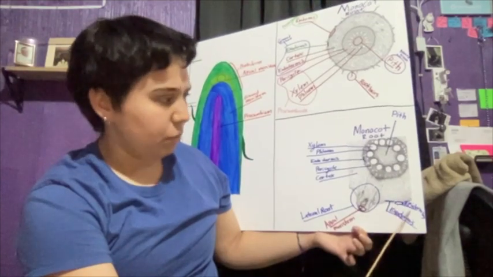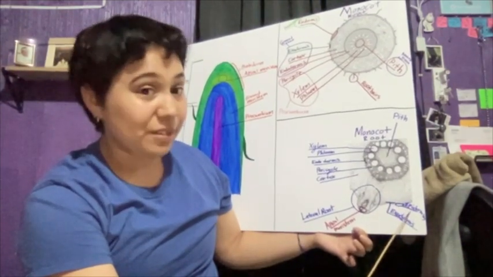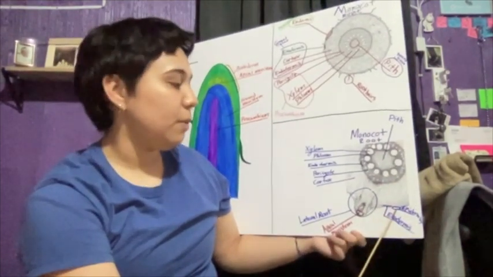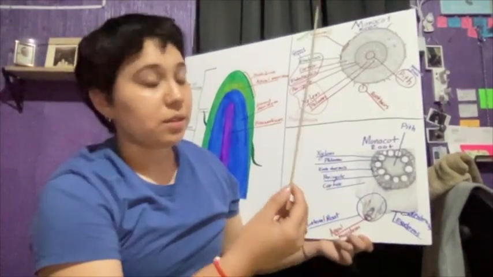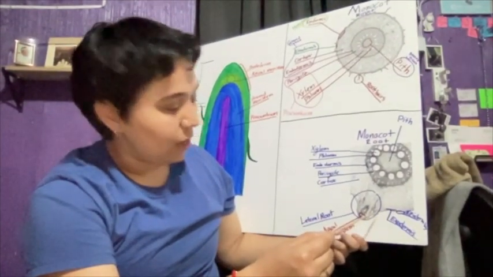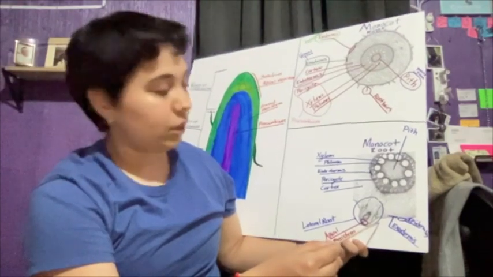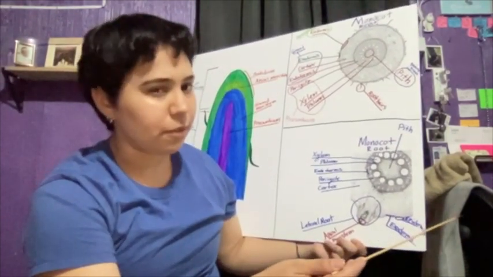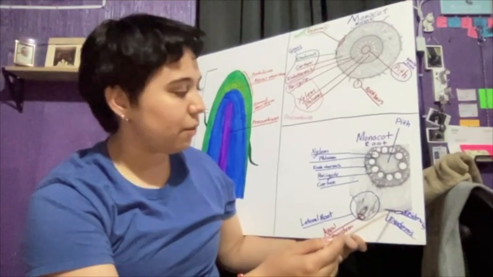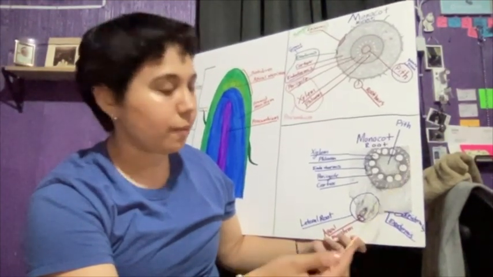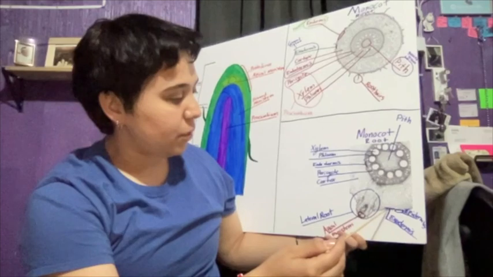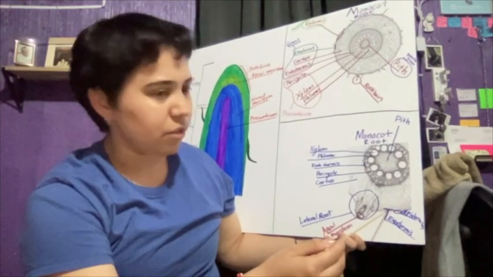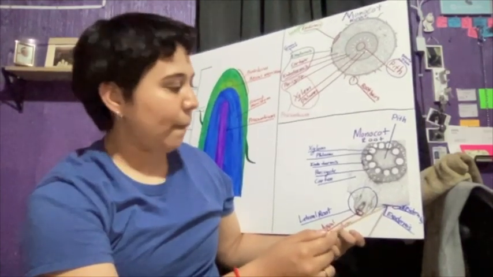Which brings me to the epidermis and exodermis. The epidermis is the very outer layer of the root that protects it. It's the first primary defense. And then we have the exodermis, which is another layer that also serves as protection.